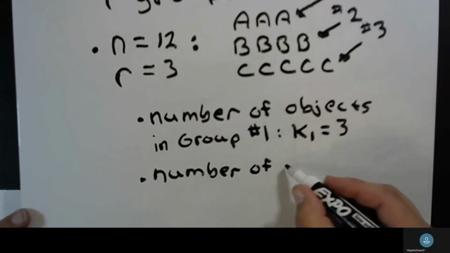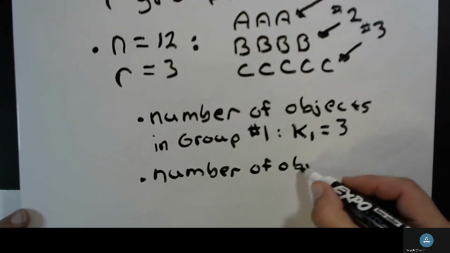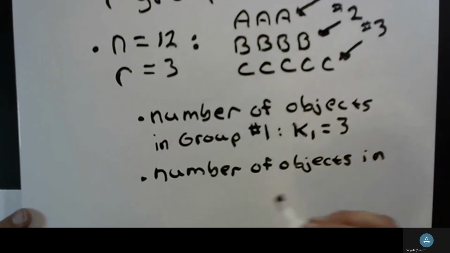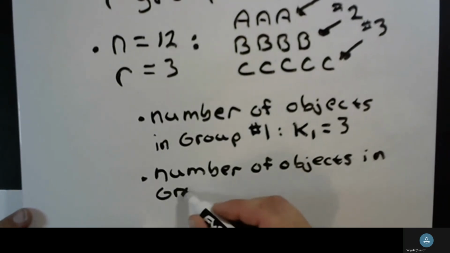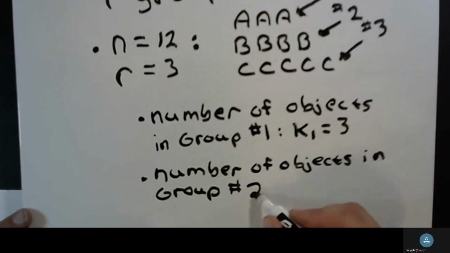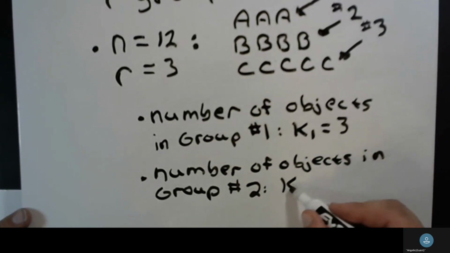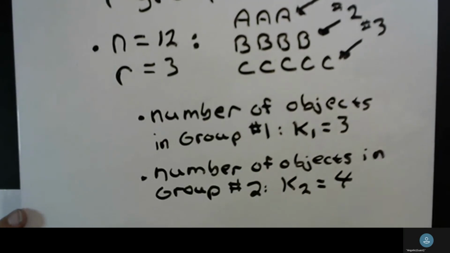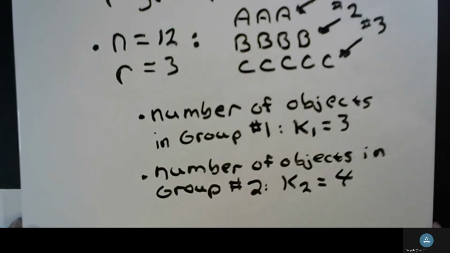The number of objects in group number 2 is K sub 2, that's going to be 4, because we have 4 B's.